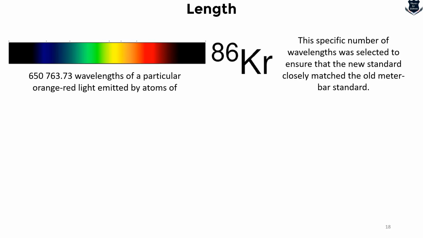This awkward number of wavelengths was chosen so that the new standard would be close to the old meter bar. So this should be 1,650,763.73, and I'm sorry, I missed that earlier.